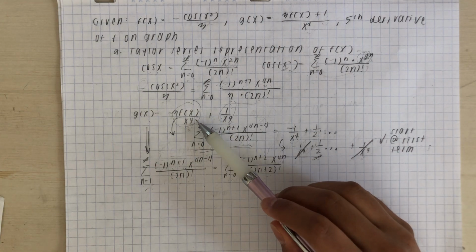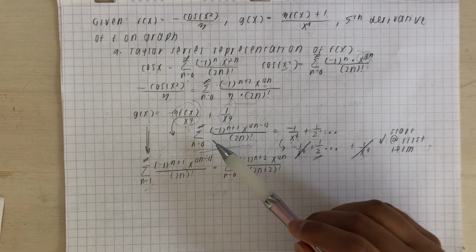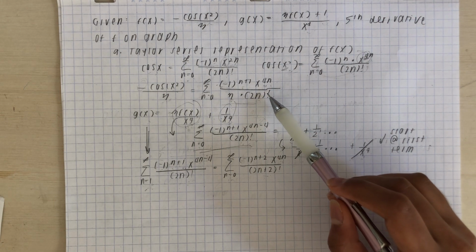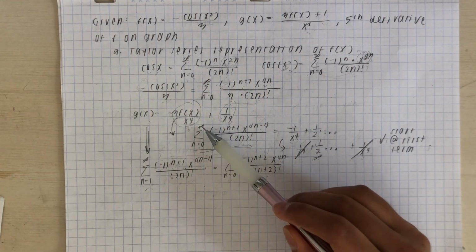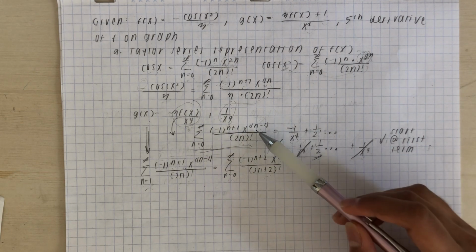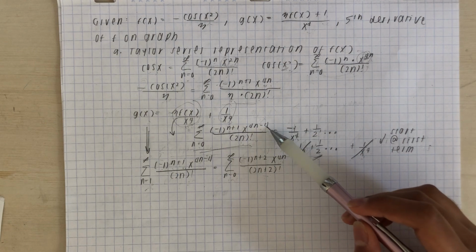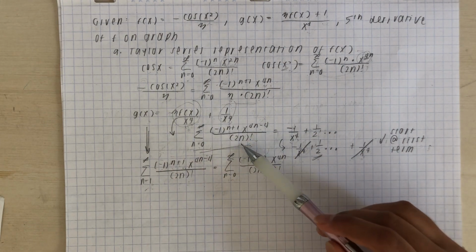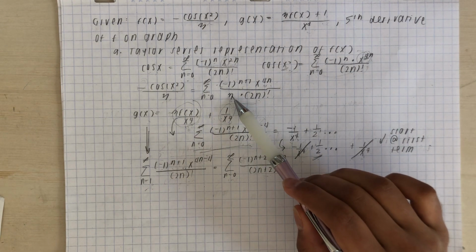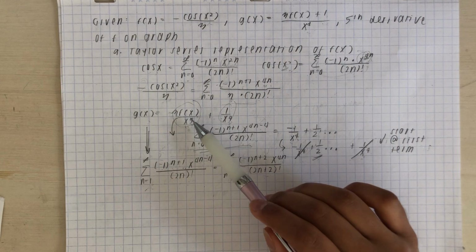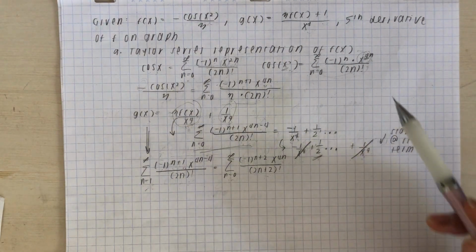So we can rewrite 3 f of x divided by x to the power of 4 using this Taylor series representation as the summation from n equals 0 to infinity of negative 1 to the power of n plus 1 times x to the power of 4n minus 4, because we're dividing by x to the 4 here, divided by 2n factorial. That 3 that was previously here has gone away because we're multiplying this f of x by 3.